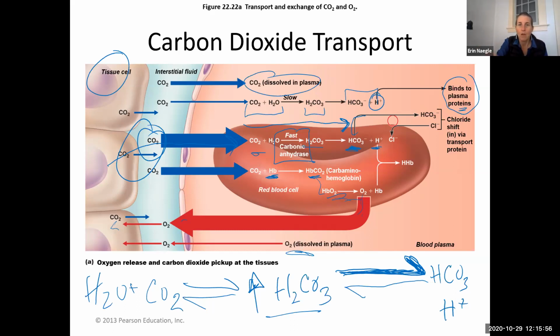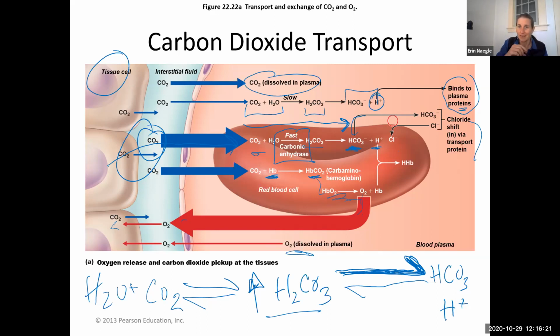But you'll notice that bicarbonate has a negative charge. To maintain the charge balance, there is this thing called the chloride shift, meaning that for every bicarbonate that comes out, one chloride ion comes in, and so the charge remains the same inside and outside of the cell.